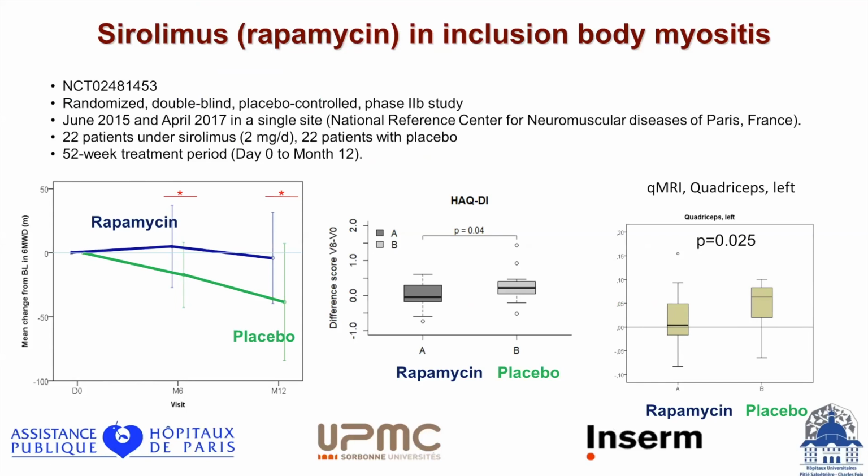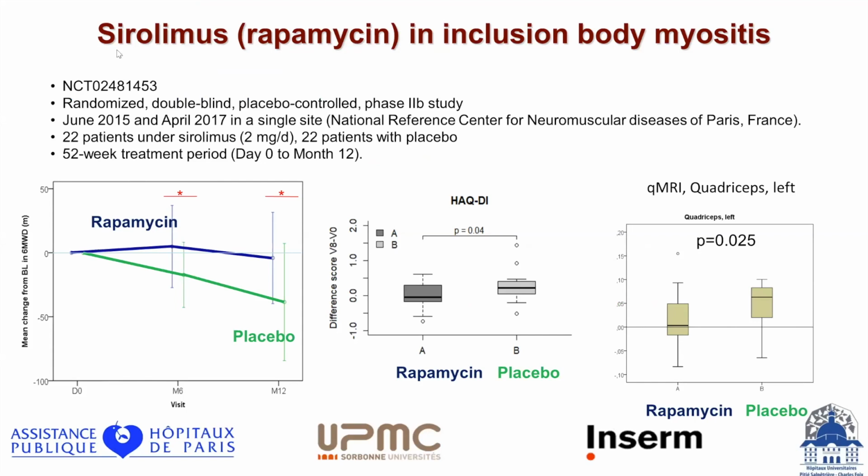And in models of Alzheimer's disease in mice, it can also increase the memory score of the mice. And rapamycin is used to prevent kidney rejection after kidney graft, because it's an immunosuppressant active on TEMRA cells and also preserving Treg cells, which are decreased in IBM patients.